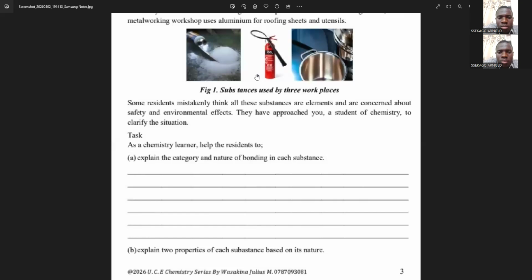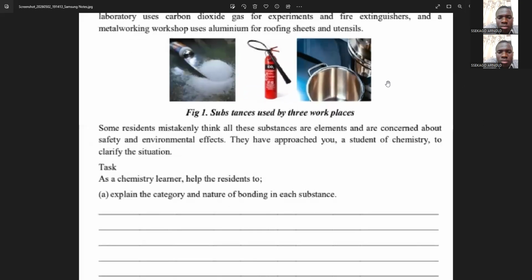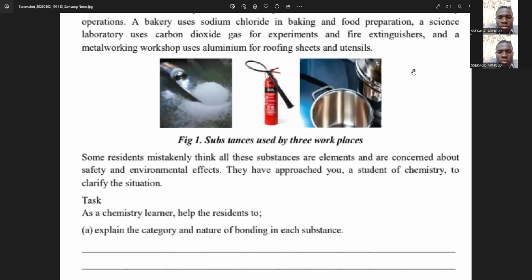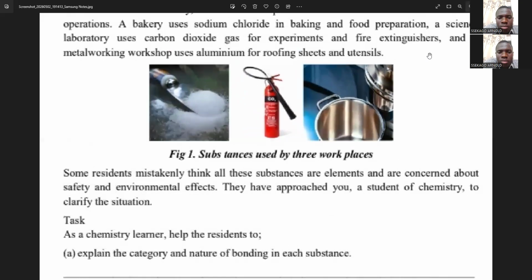There we are. That is the item. It is on bonding. I think now it is very clear and visible.